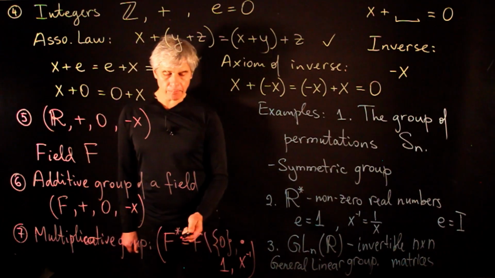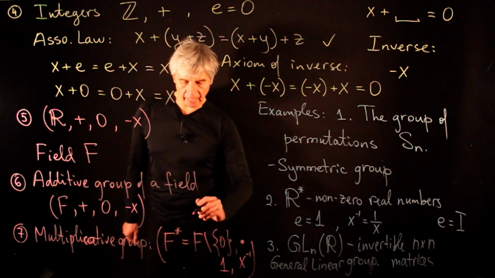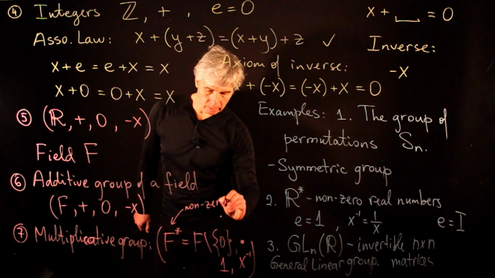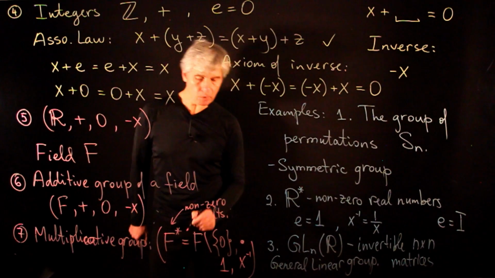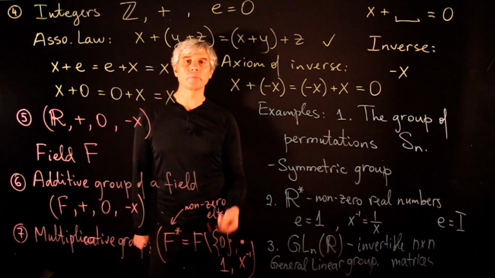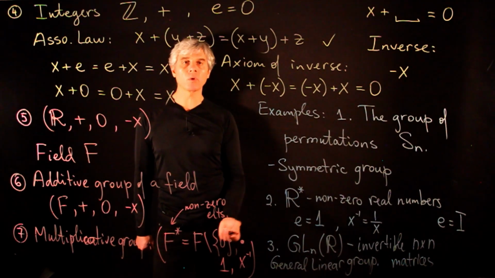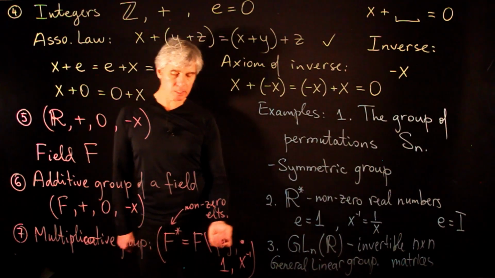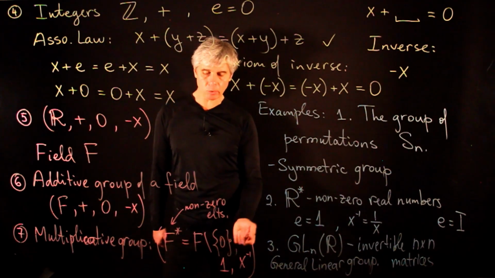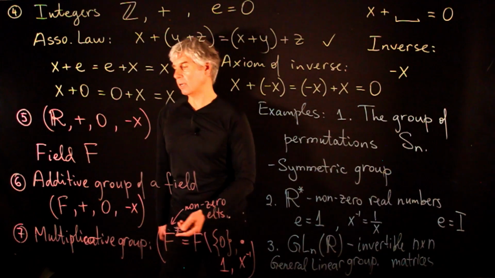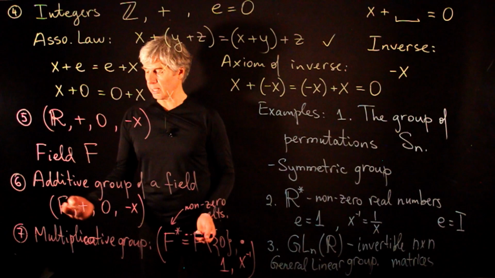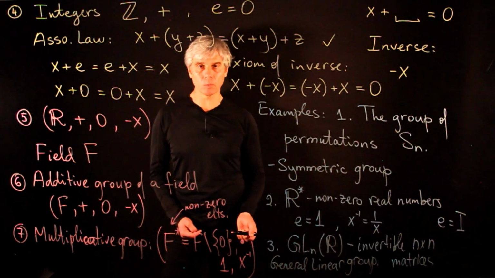Now, the set of non-zero elements is closed under multiplication, because the field has no divisors of 0. The product of two non-zero elements is non-zero. And so we see that all the axioms of a group will hold here. So this means that with each field, we associate two groups, the additive group and the multiplicative group.